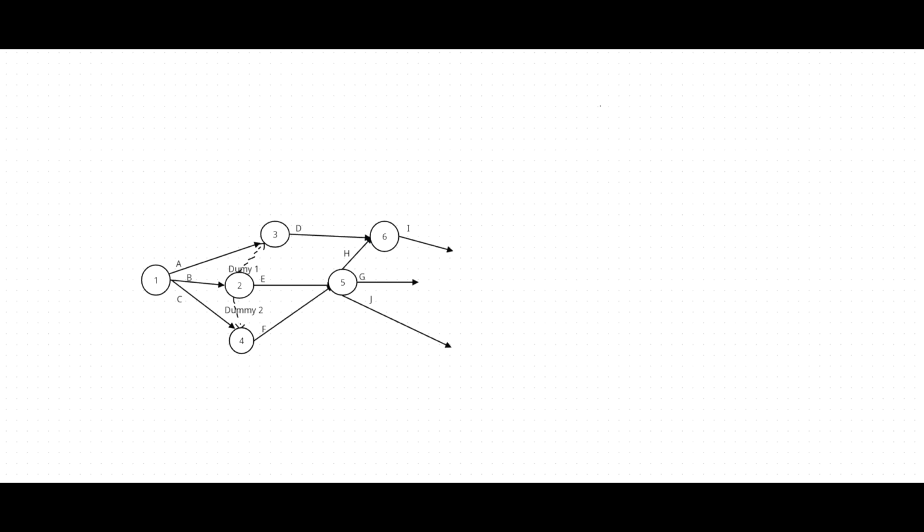Next is L. The immediate predecessor is J. We should complete J to start L. Now I'd like to give priority to K. We should complete J first, at the seventh event, then we can start K. Now consider the previous one.